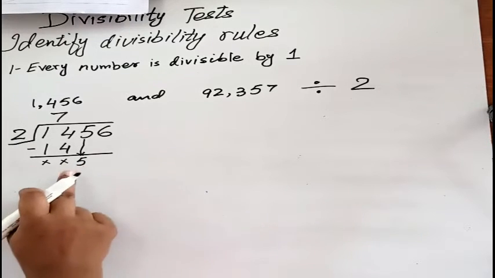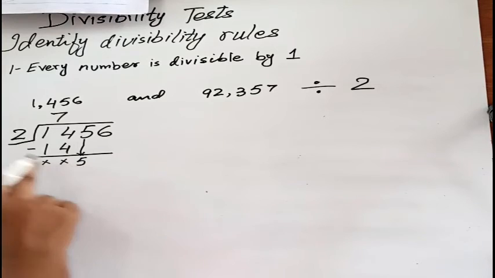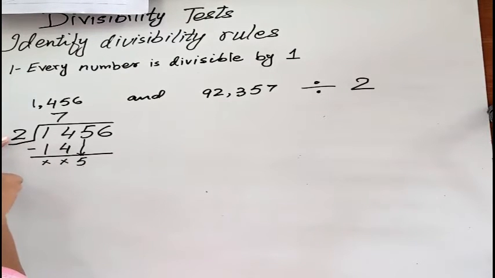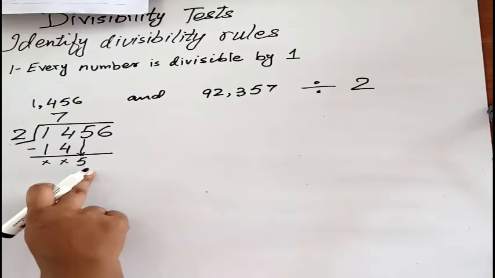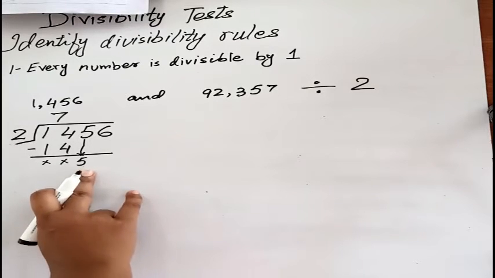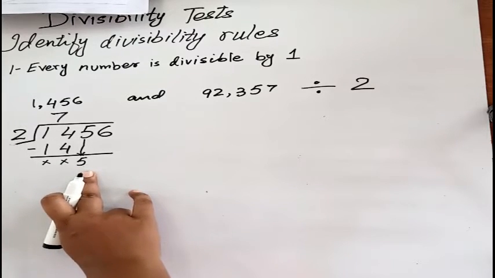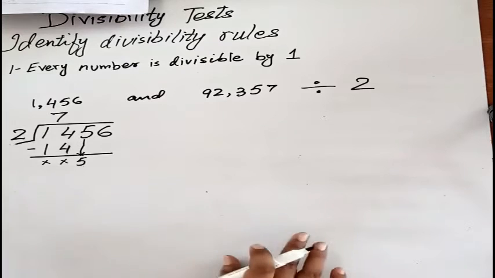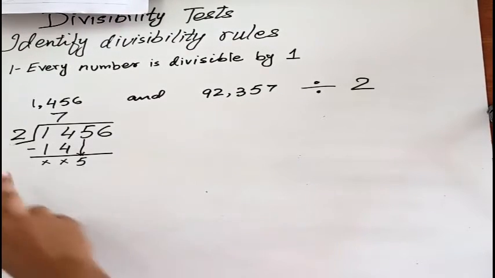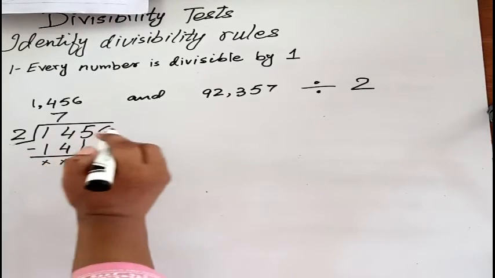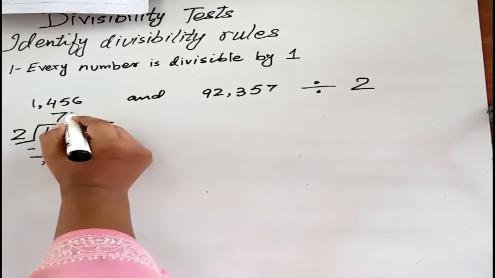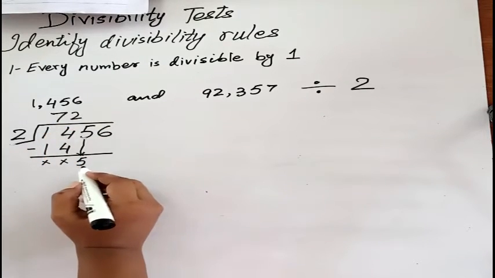Is this number less than 2 or greater than 2? The 5 is greater than 2. So we have to count the table of 2. When the 5 comes, we stop, or if 5 does not come, the number less than 5, we will stop there. 2 ones are 2, 2 twos are 4, 2 twos are 4 will come here, students.